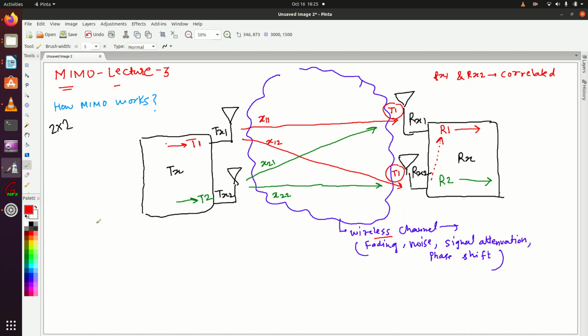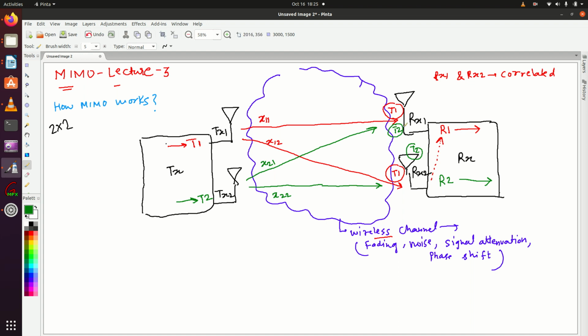Now come to T2. TX2 is sending the T2 signal, and it is reaching RX2 and RX1 as well.